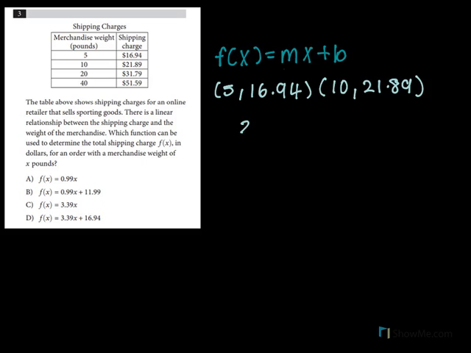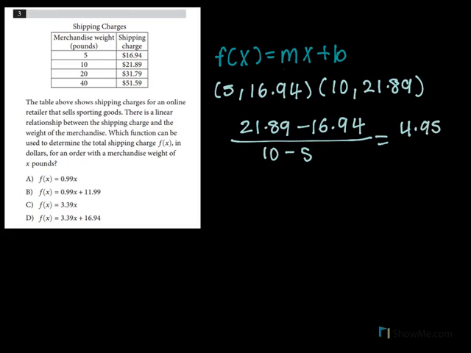Now let's subtract the y, so 21.89 minus 16.94 over 10 minus 5, and that would equal 4.95 over 5. And that equals 0.99.